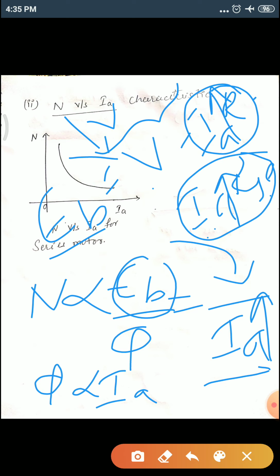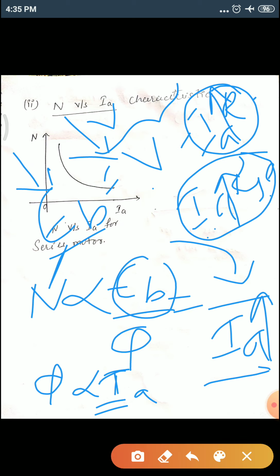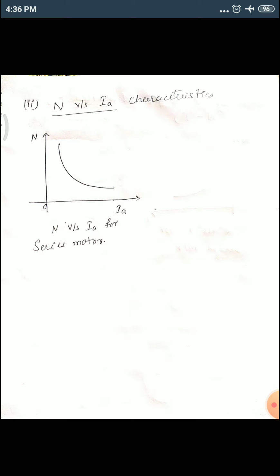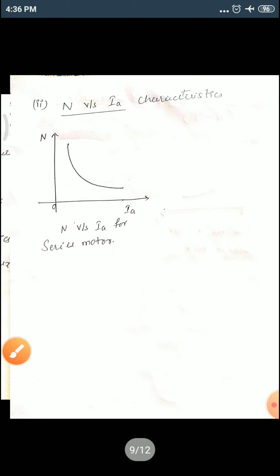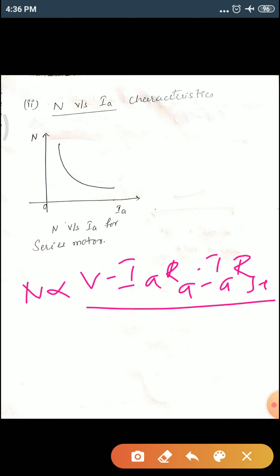So your back EMF is also less. Now IA is also in the denominator. In the place of phi we can substitute IA. Neatly, N is proportional to V minus IARA minus IARSE divided by phi.